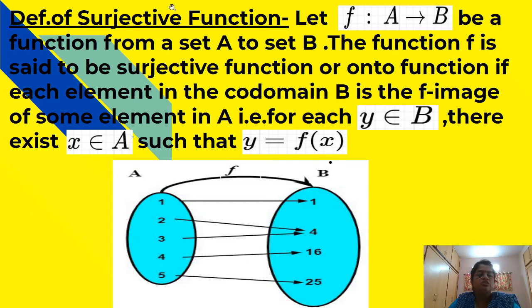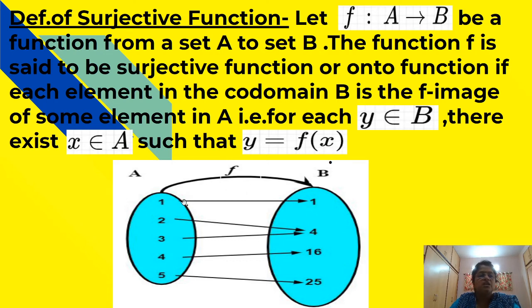Now see the definition of surjective function. Let f from A to B be a function from a set A to set B. The function f is said to be surjective function or onto function if each element in the codomain B is the f image of some element in A. That is, for each y belonging to B, there exists x belonging to A such that y is equal to f of x.